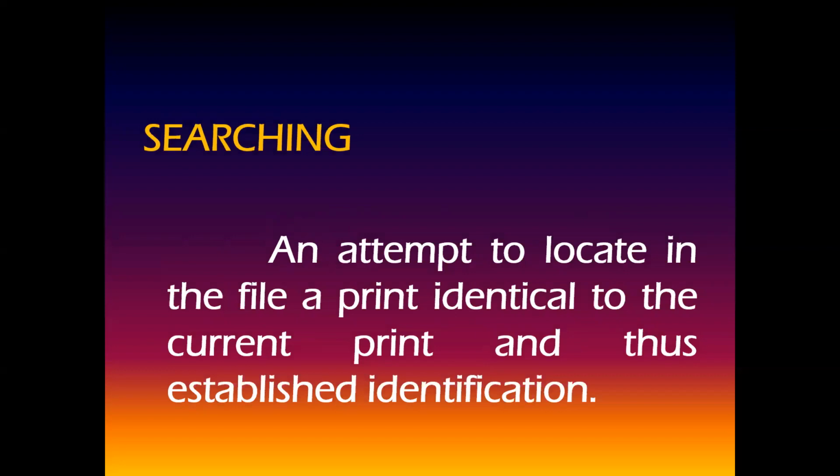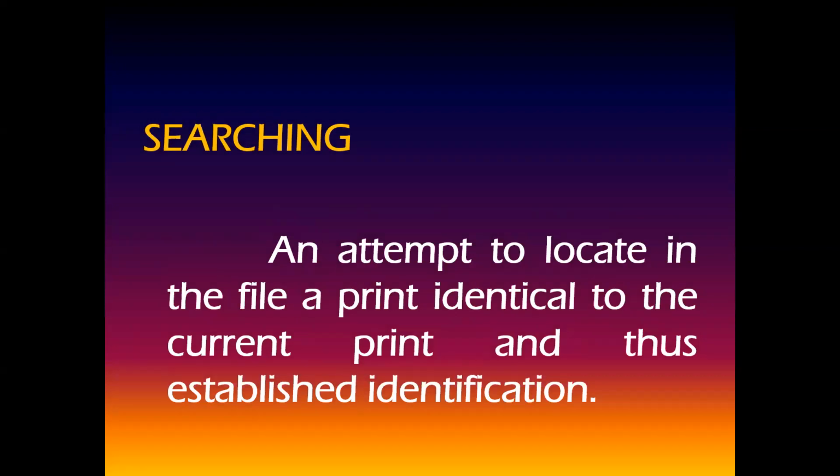Now, before the age of technology, we needed to do things manually. In order for us to learn whether or not a person has some sort of criminal record, this is the process.